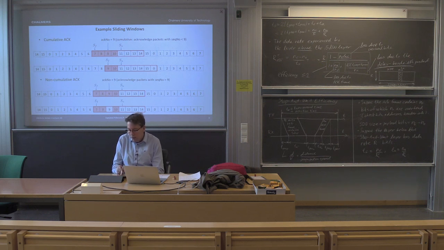So if we use cumulative acknowledgement, and the send window looks something like this, and now an acknowledgement arrives with ACK-no 9. That means that all packets with sequence number less than 9 have been received. So 7 and 8 have been received.